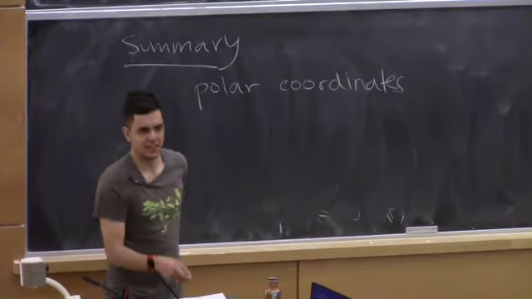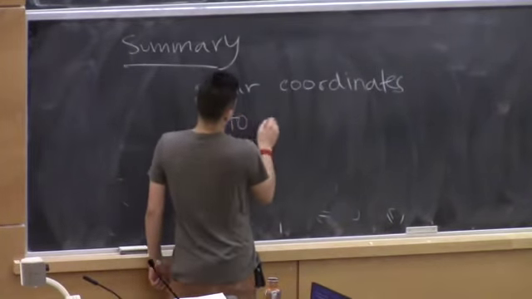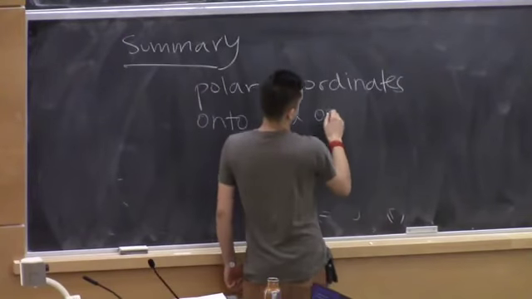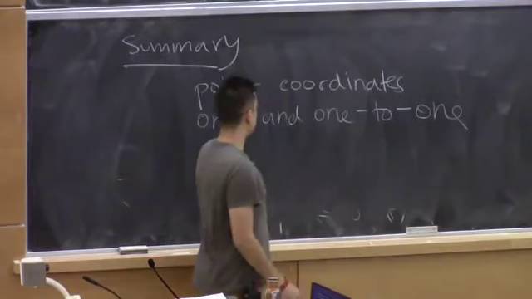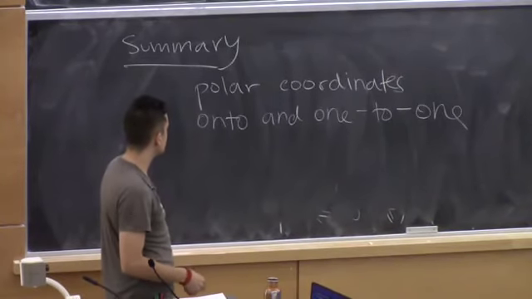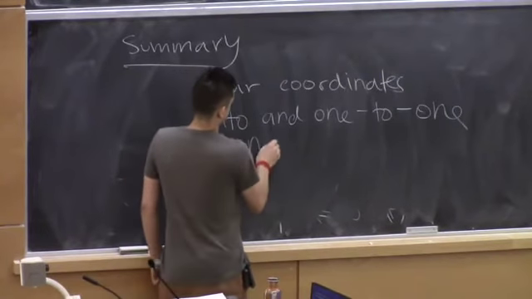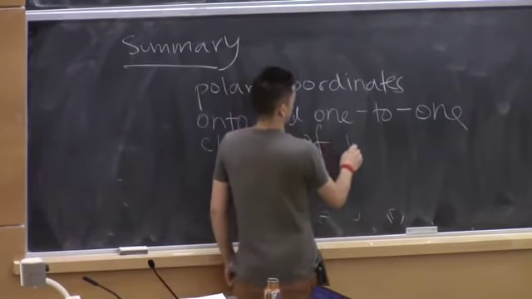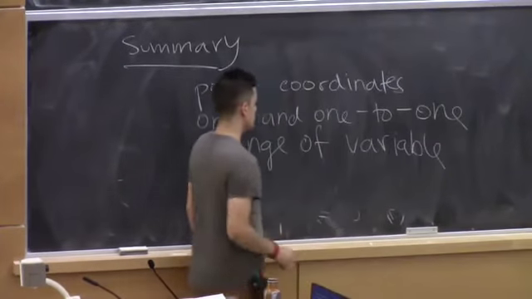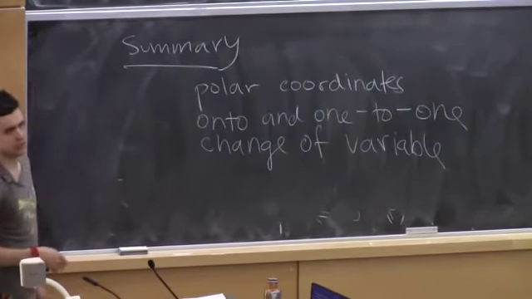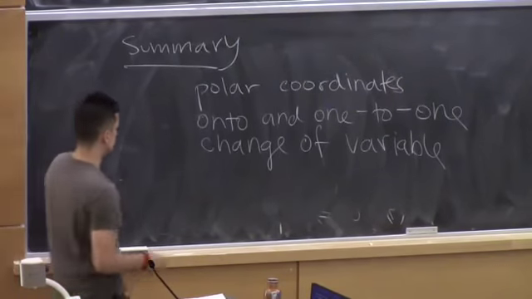Onto and one-to-one. Okay, so key concepts, we saw change of variable, sort of a big technique. Jacobian Matrix.